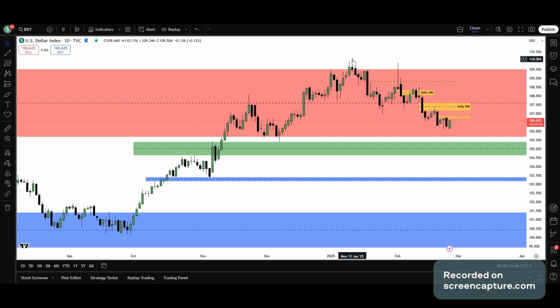You can see here we had a nice displacement, came back up, low risk short there. We came up again, first stage distribution, came up again into this daily sell side imbalance, buy side inefficiency, and that's our second stage of distribution.